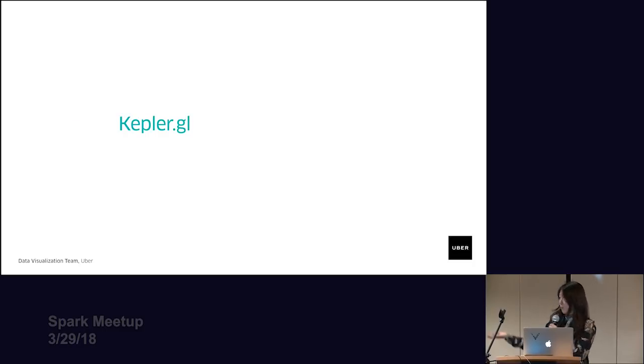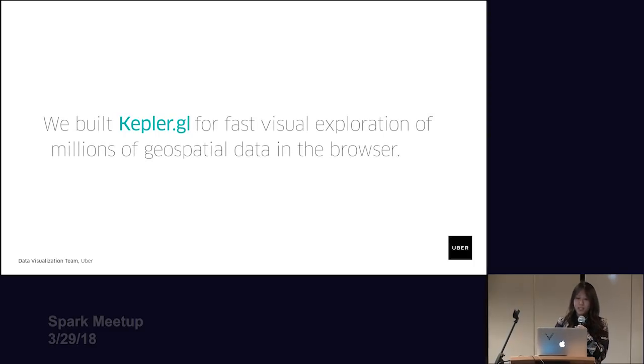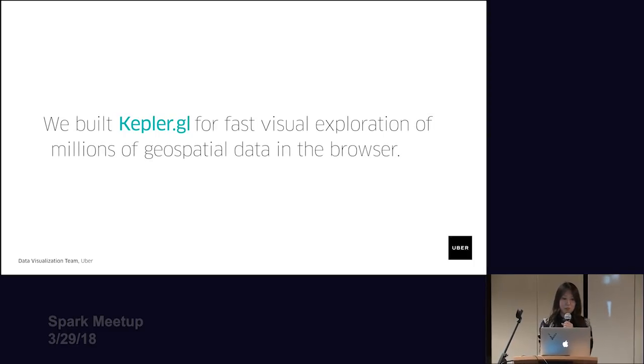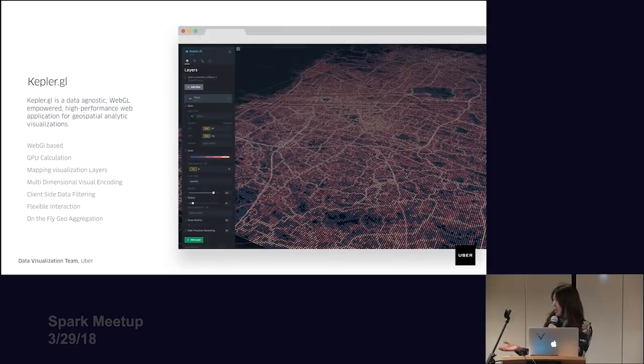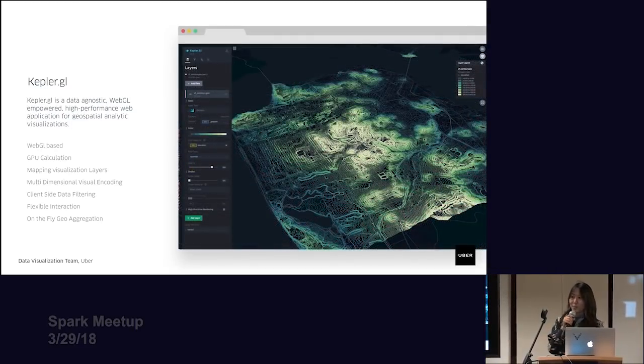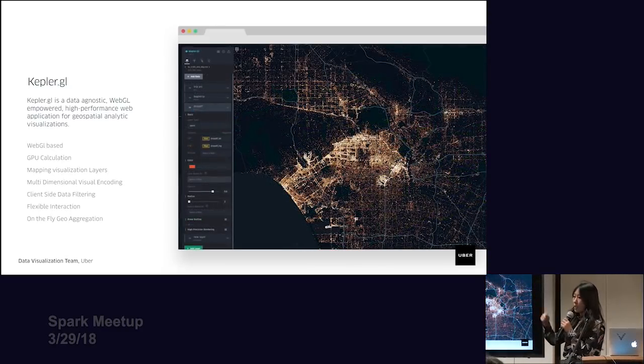So that's why we built this tool called Kepler.gl. And all the maps I showed you before were actually made with this tool. We built Kepler.gl so we can quickly explore millions of geospatial data points just in your browser. If you use ArcGIS or Photoshop, it has this layered approach where you throw your data set in.